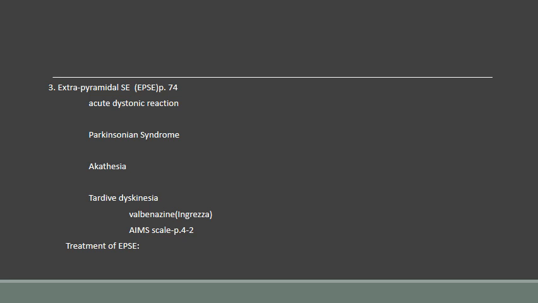So that's the treatment of choice that we would give. Sometimes, if we don't want this to start, the doctors may use the benztropine as a prophylactic, to actually prevent it before it actually starts. So you may see that as well.